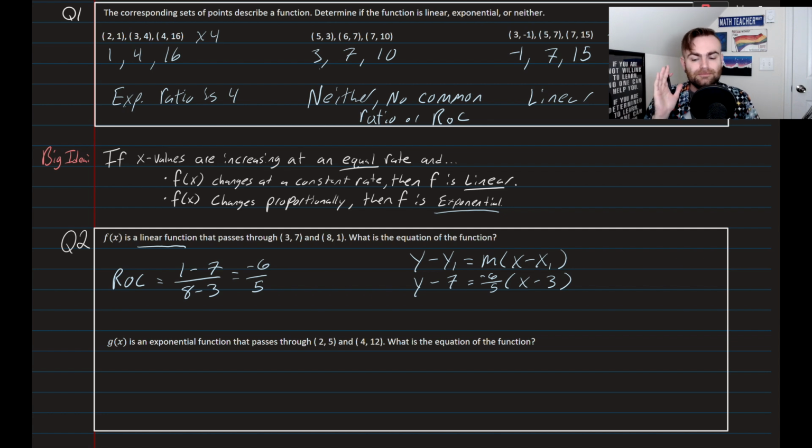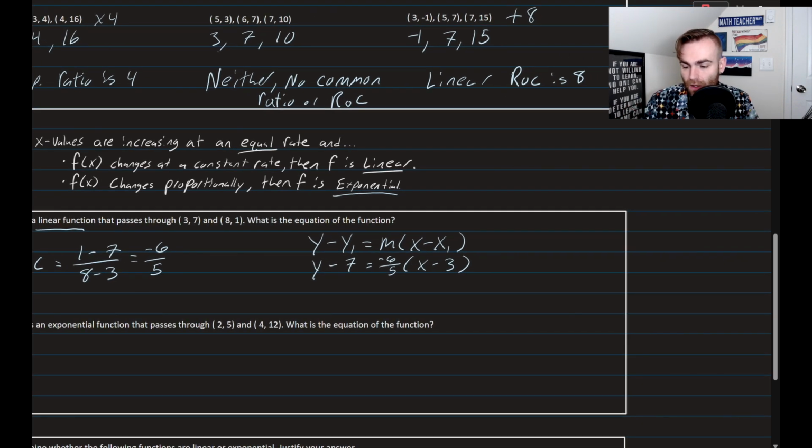But typically, you want to describe your equations as functions using function notation. So this is indeed a line that goes through those points, but it is not written in function notation. So you have 2 ways of going about it. We can move the 7 over and then replace the y with f of x. What that would look like would be f of x is equal to -6/5 x take away 3 plus 7.